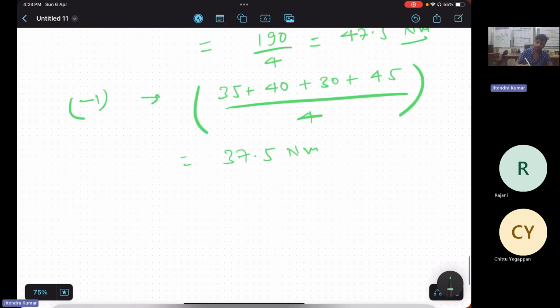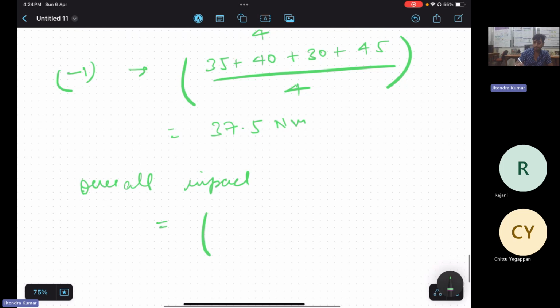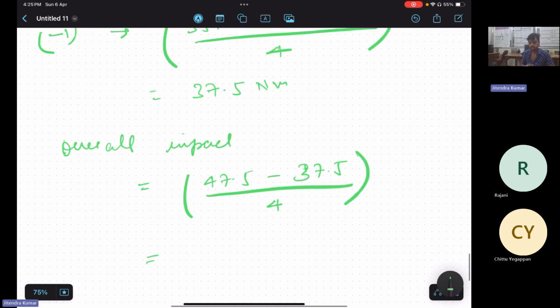So now the overall impact will be 47.5 minus 37.5, which is 10, divided by 2. So it is 5 Newton meter.